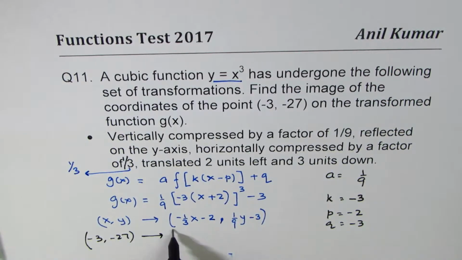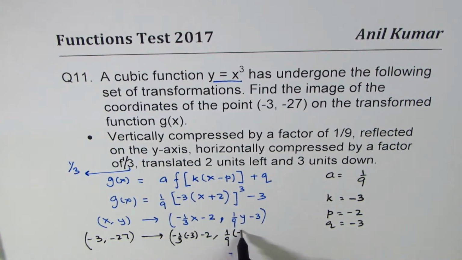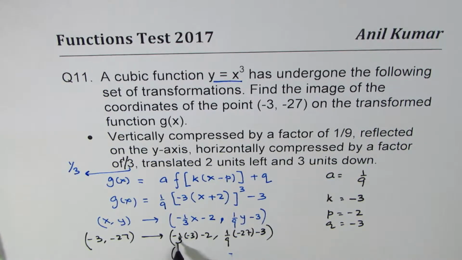So that becomes minus 1 over 3 times minus 3, minus 2. As far as the y value is concerned, 1 over 9 times minus 27, minus 3. So if you do the calculation, what do you get? Minus 3 and minus get cancelled, we get plus 1. So minus 2 plus 1 is minus 1, right?